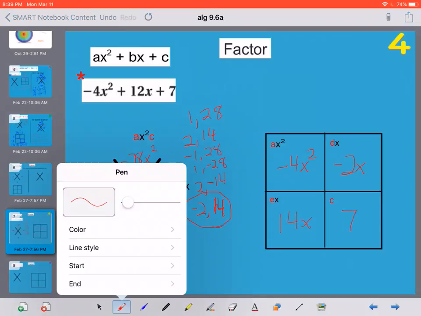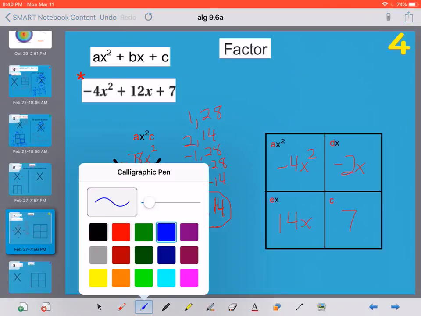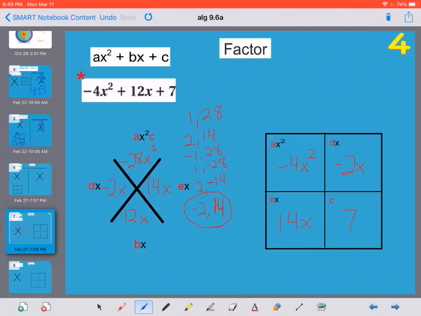Now we need to be careful with this, because we need to figure out what times what are going to give us these numbers. So let's look at 7. We know that the only numbers that can go into 7 are 1 and 7. So we need to figure out where the 1 is going to go and where the 7 is going to go.